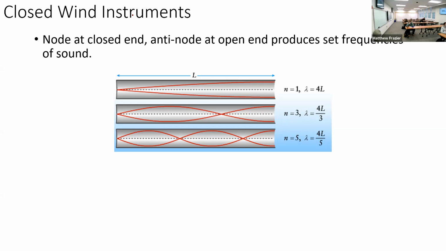The reed moves back and forth and flaps, and that flapping opens and closes it temporarily. But when treated like a pipe, that reed end is closed.